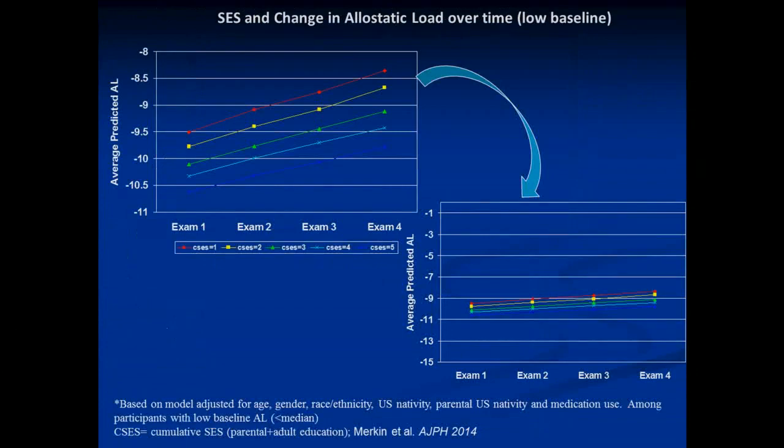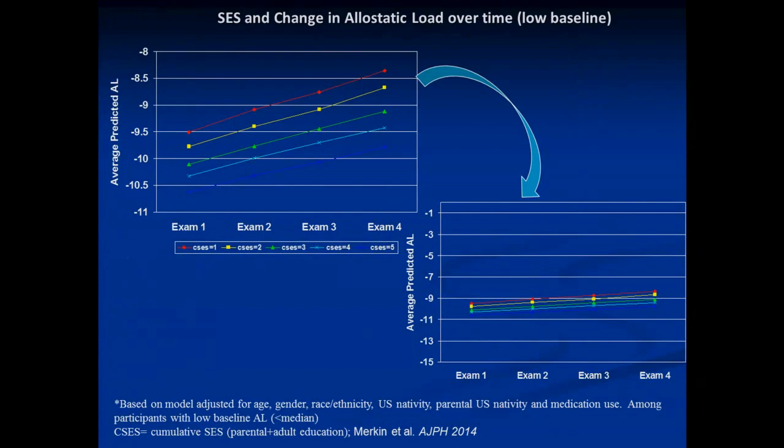This is an example, actually. So here, these are the different waves of the MESA data, and these are predicted allostatic load measures. That's the biological score I talked about. A lower score indicates healthier, so a high score is a higher risk. What we were looking at is changes in the projection across the waves by SES level.